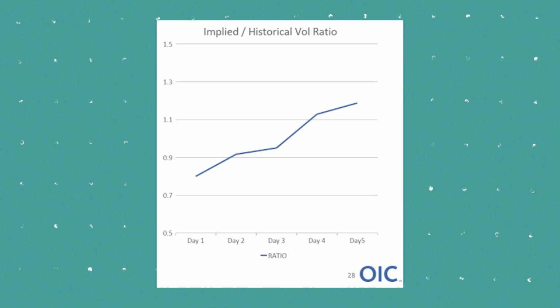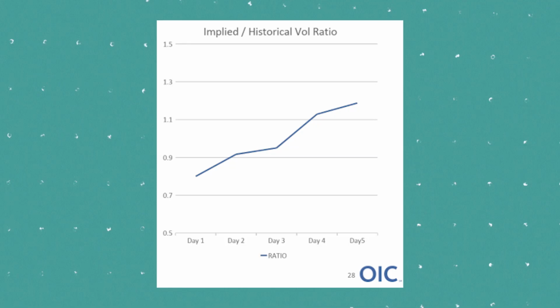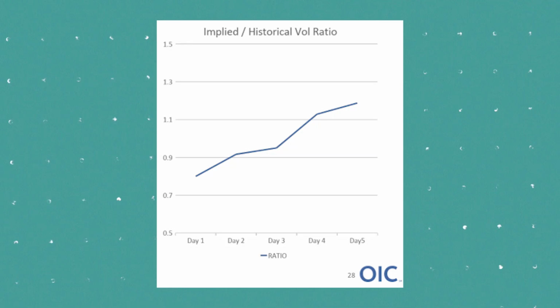We can see if this metric is currently behaving normally or abnormally by comparing it to what it's been in the past. Questions like, is implied volatility usually 135% of historical volatility, or is this abnormal behavior, can be answered by looking at these ratios across a period of time.